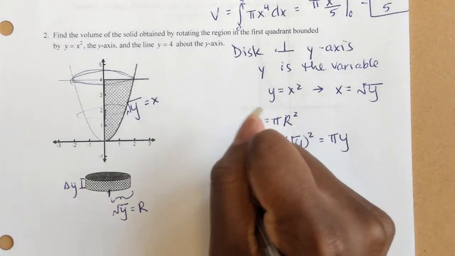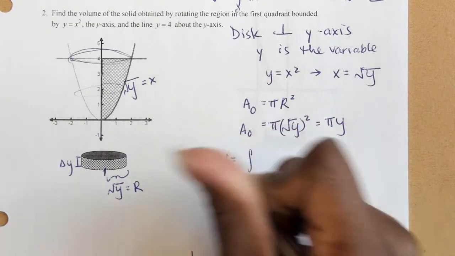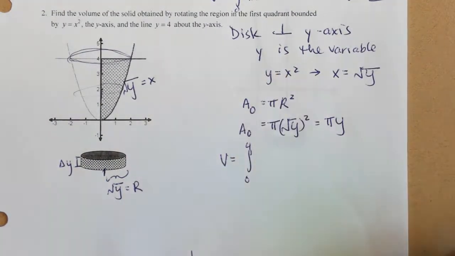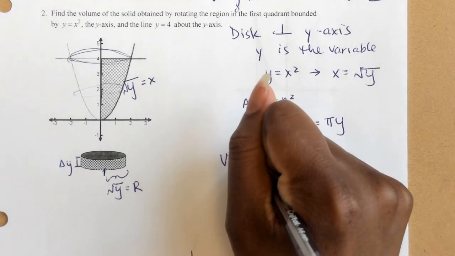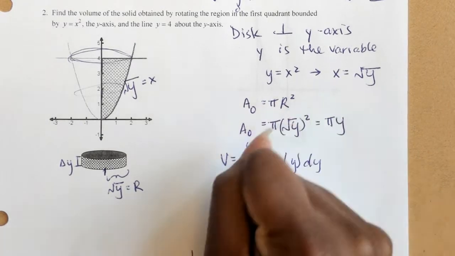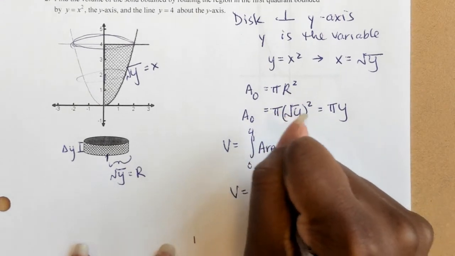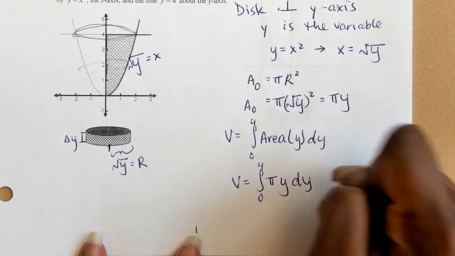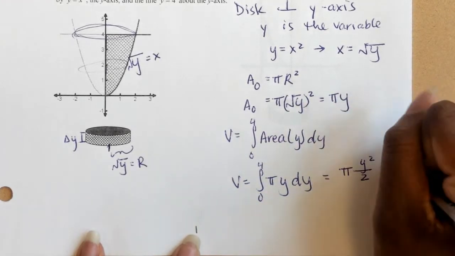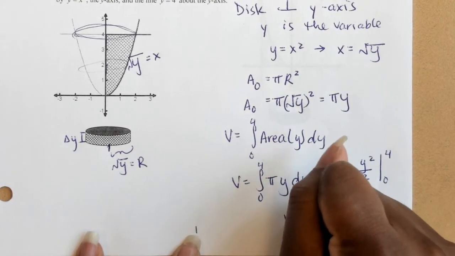So then to find my volume, I'll take the integral from, since we're in terms of y, we're starting at 0, going to 4, so 0 to 4 of my area in terms of y dy. So V is equal to the integral from 0 to 4 of pi y dy, which is equal to pi y squared over 2 from 0 to 4. So V is equal to 8 pi.